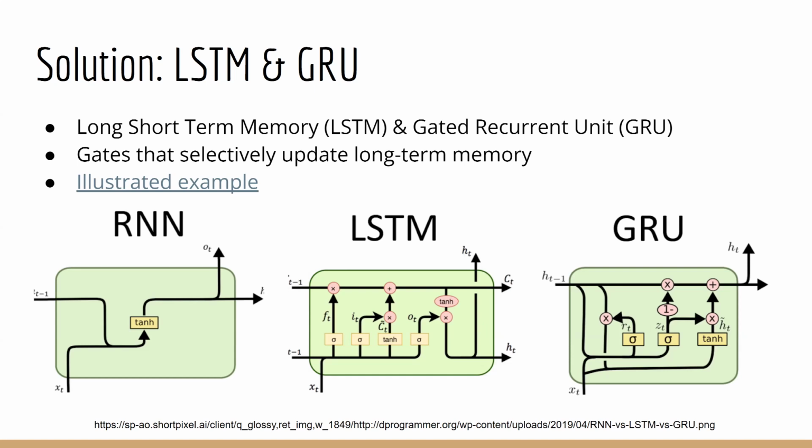But just to give you a quick overview, you can see the diagrams here. They have additional gates that'll selectively update the long-term memory. That way you're considering more of the long-term memory and not just the short-term memory.